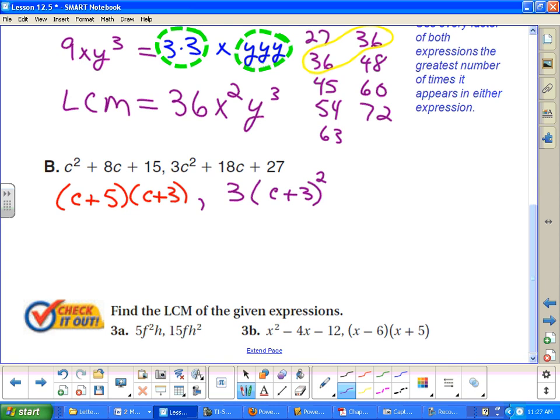You all right with that, Shelby? Or you want to see it? Okay. So this is 3 times c squared plus 6c plus 9, right? Which when I factor c squared plus 6c plus 9, I get c plus 3 times c plus 3.